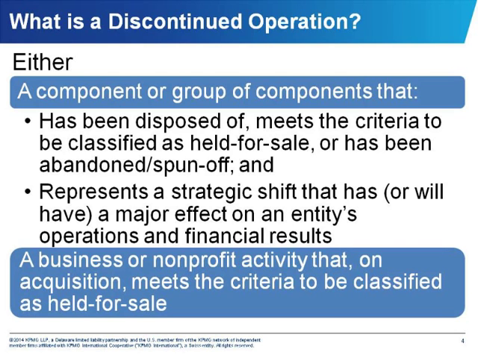You could be a discontinued operation if you meet those criteria, or if you're a business or not-for-profit activity that, on acquisition, meets the criteria to be classified as held for sale. And that second one was an item which was previously outside the scope of discontinued operations, which is now in the scope of discontinued operations.